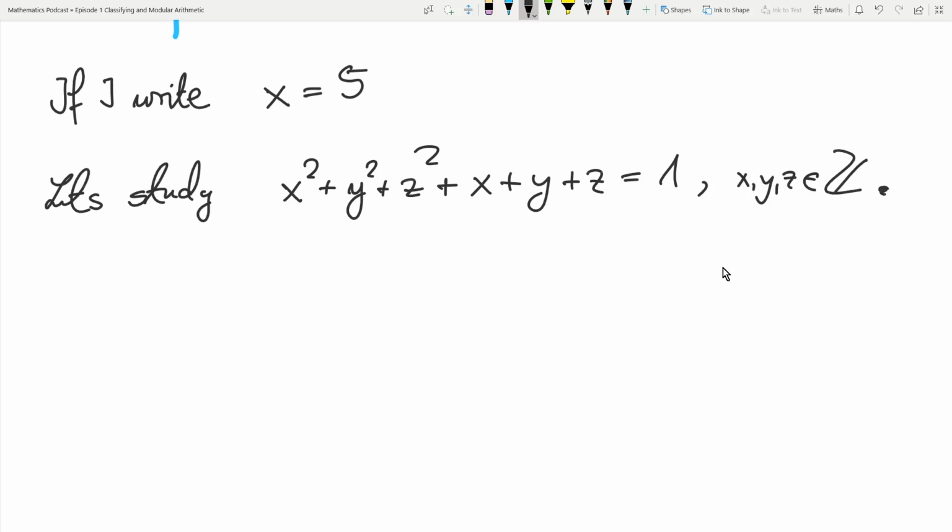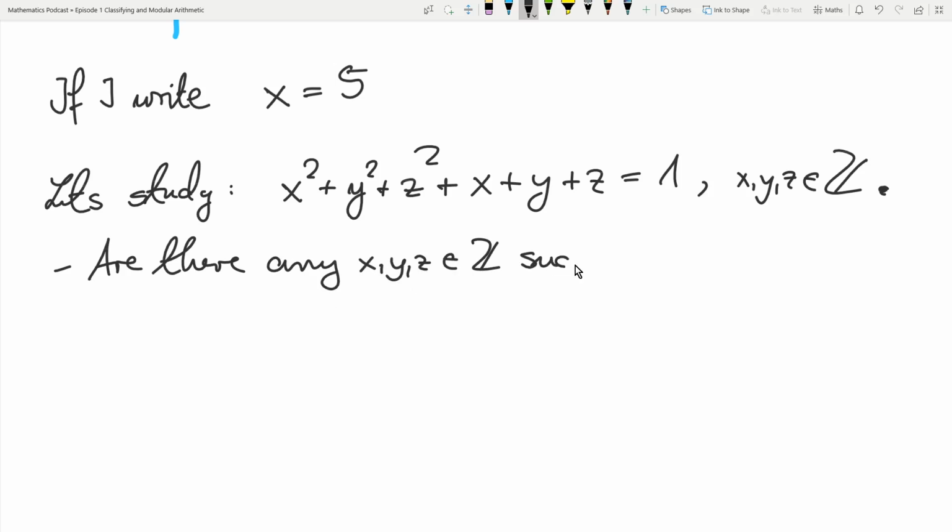Now, this could be a daunting equation, and we are interested in: are there any x, y, and z such that this equation is satisfied?